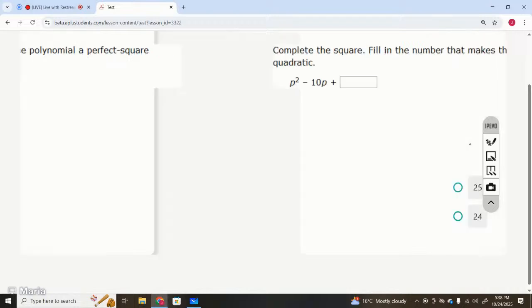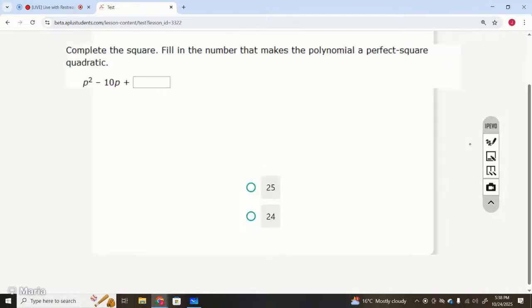Option number 2 is the correct option. P square minus 10p plus 25.